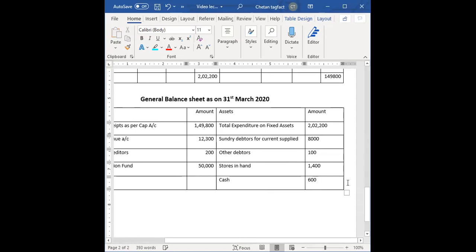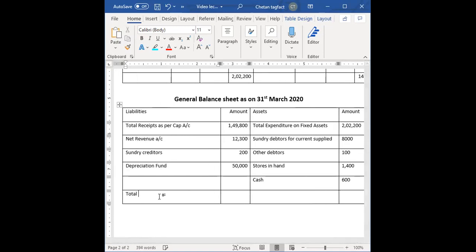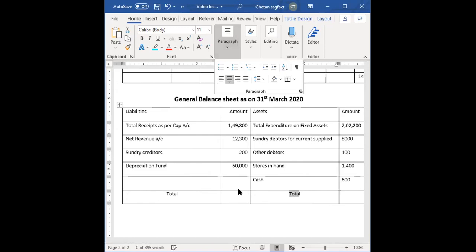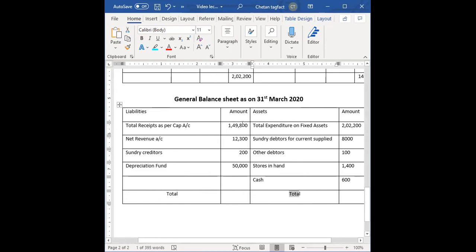Now we have taken all the amounts, so we are totaling the liability side and the asset side. The total of the balance sheet, as we know, has to tally. So 1,49,800 plus 12,300 plus 200 plus 50,000 will give me 2,12,300.